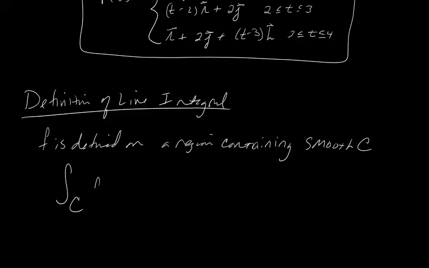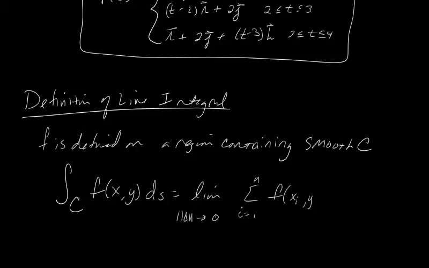So the integral of f of x, y ds is equal to the limit as delta goes to 0 of the sum from i equals 1 to n of f of x sub i, y sub i, delta s sub i. Okay, so there it is, the definition.